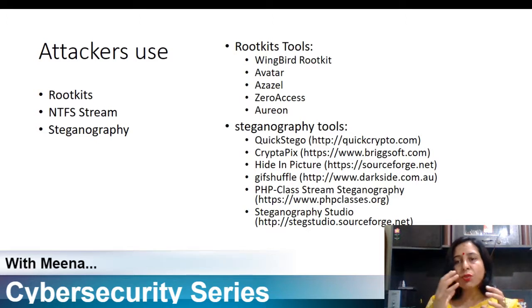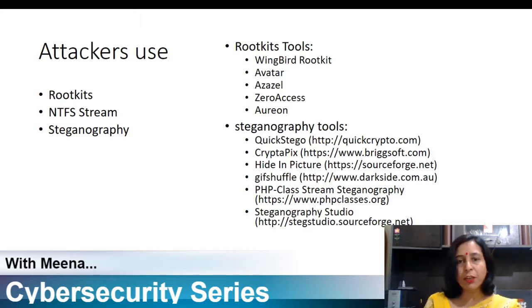They use different technologies and techniques to hide the malicious code. It will look like a normal PDF, an image, an audio file, a text file, but that can have malicious code inside it.